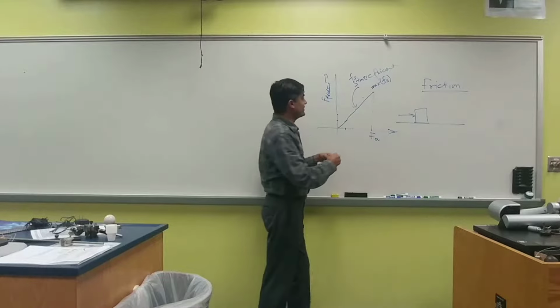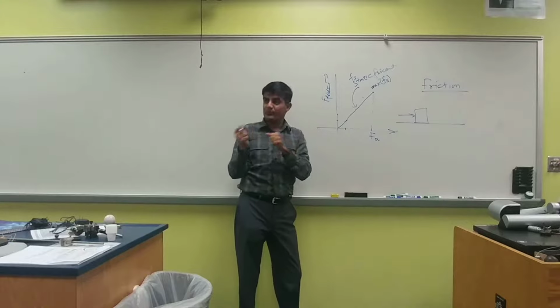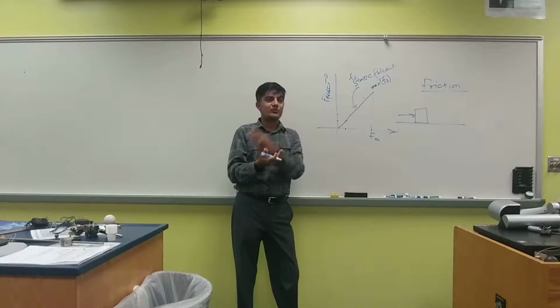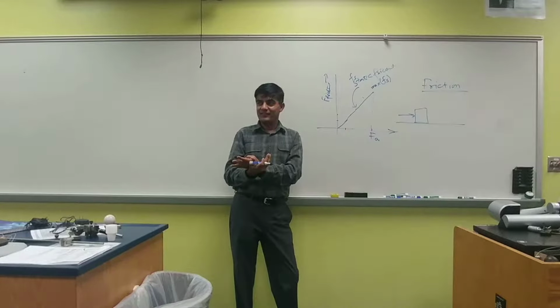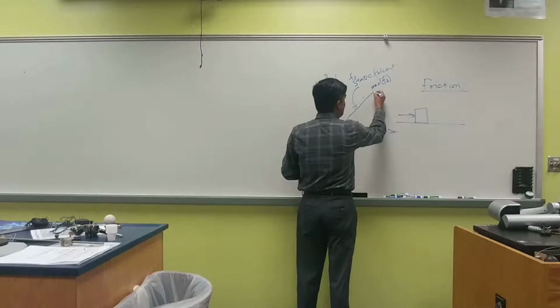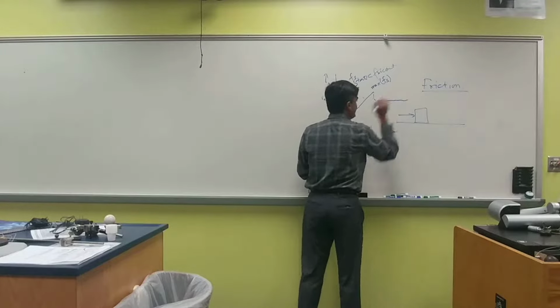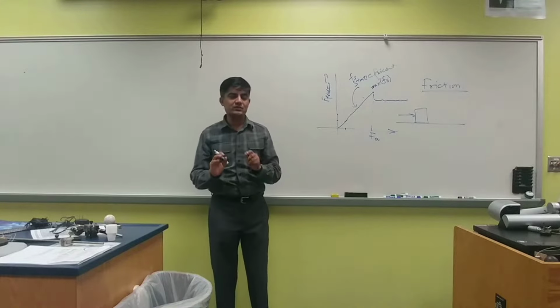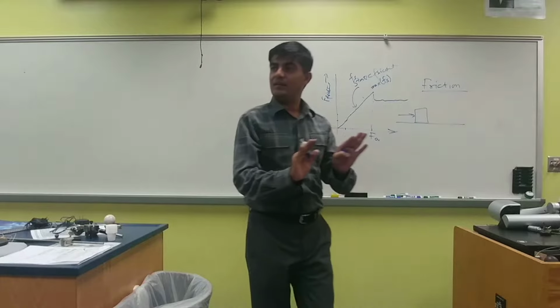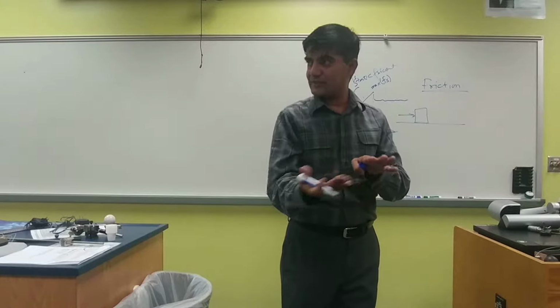But once it is in motion, the friction force, which is the force that opposes your force, will be smaller than this. So once you start moving it, it has a certain limited kinetic friction.